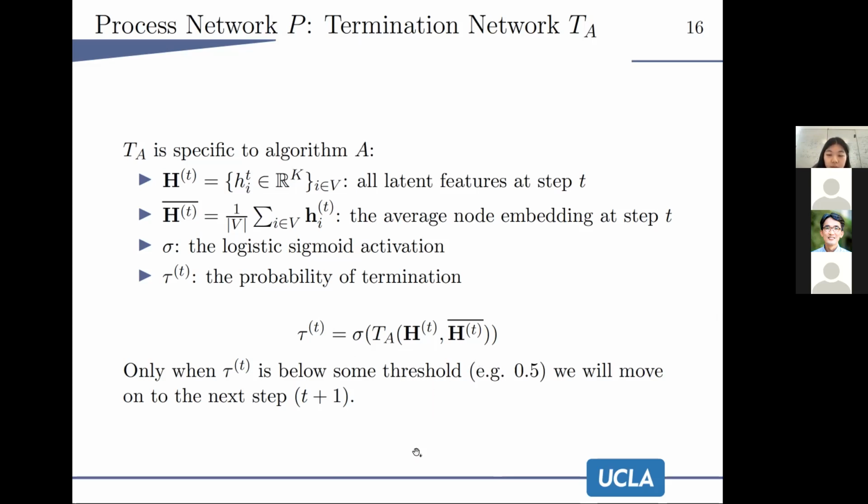So for some algorithms, right, we wish it converges. But then in this case, the averages are going to be close to each other, I guess. Probably this is the reason why they consider the average as part of the input as well.